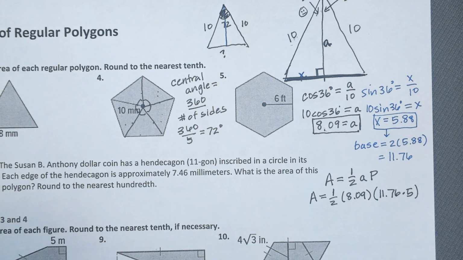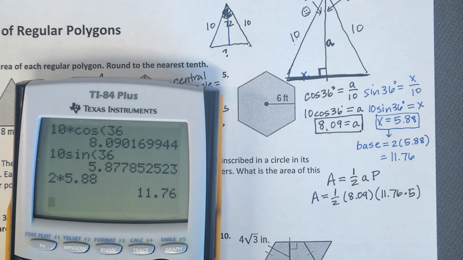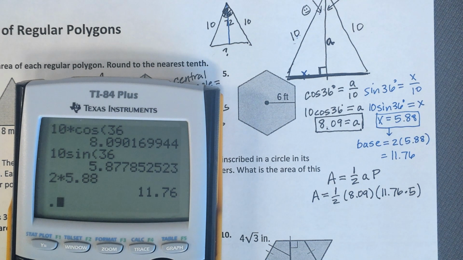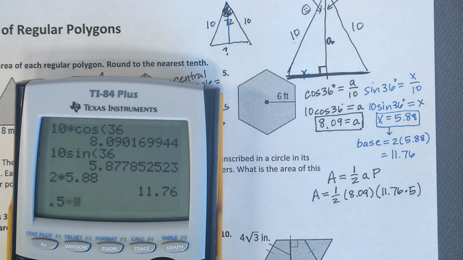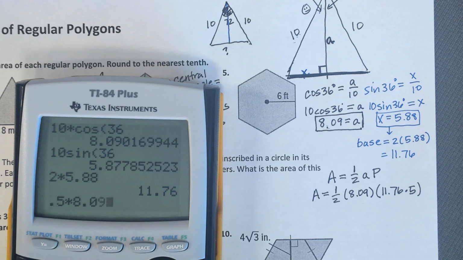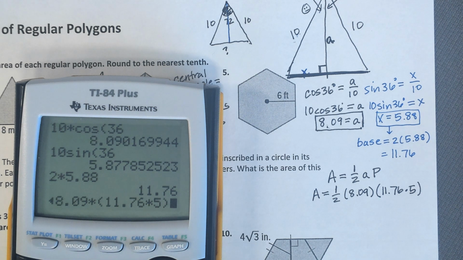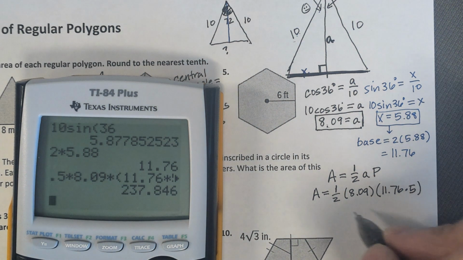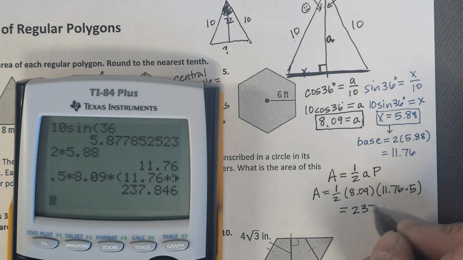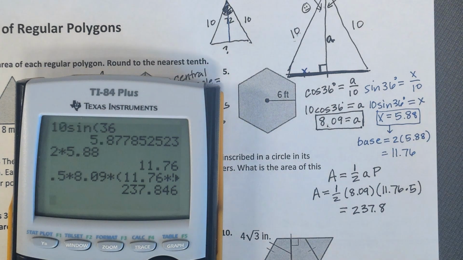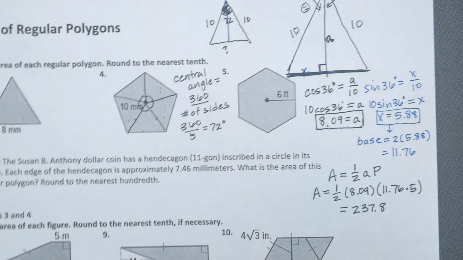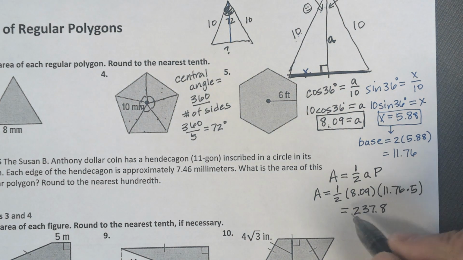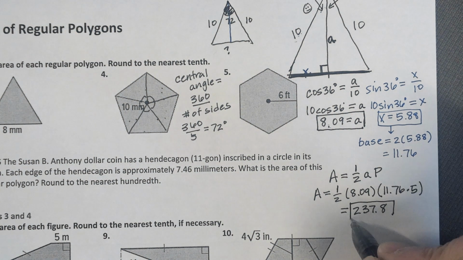I'm going to type all that into the calculator. 0.5, my 1/2, times 8.09 times 11.76 times 5. And I end up with about 237.8 if I round to the nearest tenth, because the problem says round to the nearest tenth. That is the area of my pentagon.